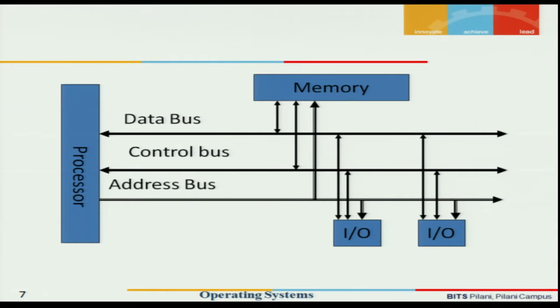So, a processor will have three sets of buses: data bus, control bus, and address bus, and using these buses, memory and I/O devices are connected to form a complete computing system.